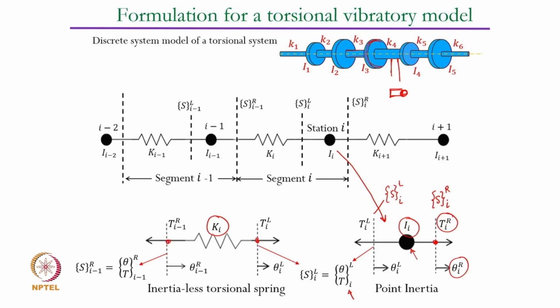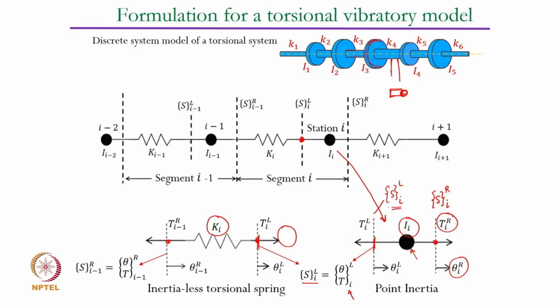This state vector is on the left of the ith station, because here comes the mass. So this state vector and this state vector are actually identical. It represents the state vector at this location, and that is SLI, and this state vector is also SLI.